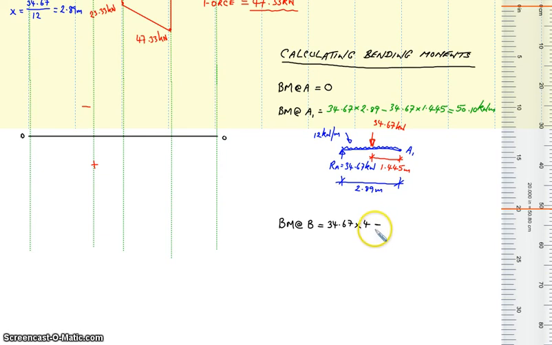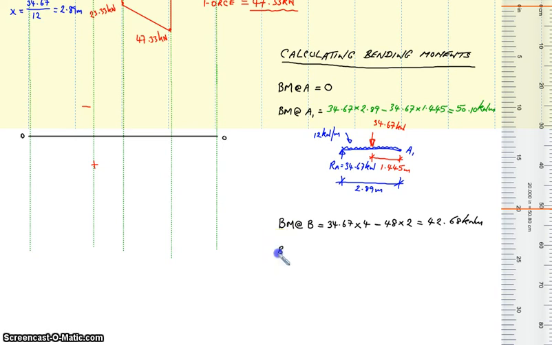And we have a portion of that UDL converted into a point load, so it's a 4 meter stretch of 12 kilonewtons per meter, giving us 48 kilonewtons of force. And it will sit halfway along that length of UDL from B back to A, which is 4 meters, so half of that is 2, so it's multiplied by 2, and that equals 42.68 kilonewton meter.